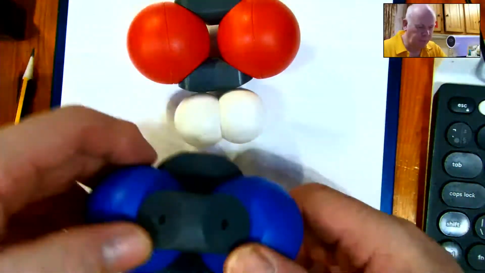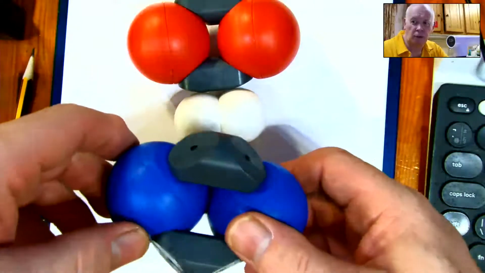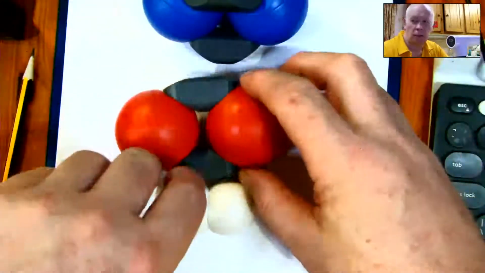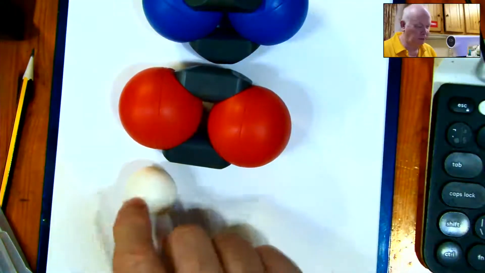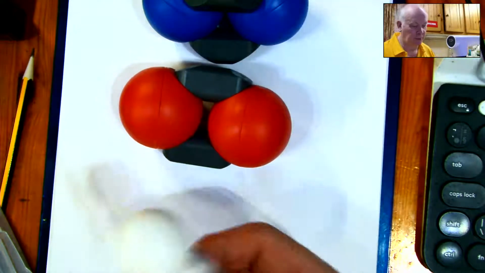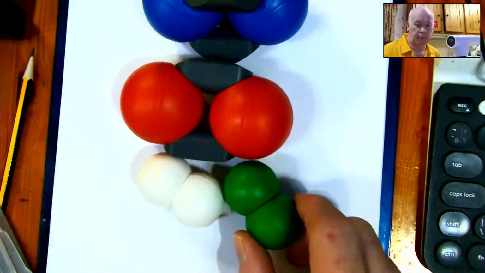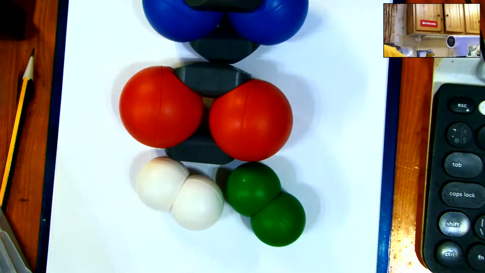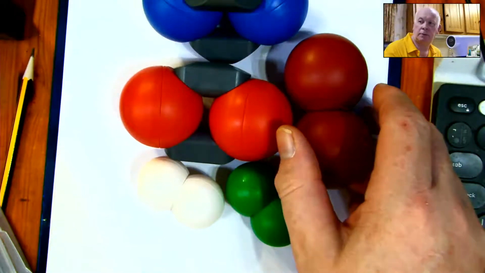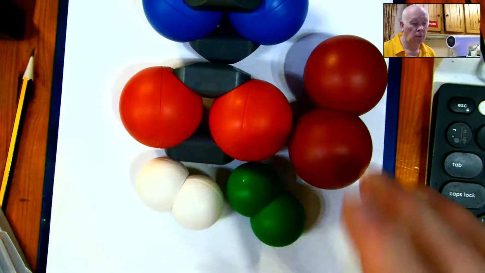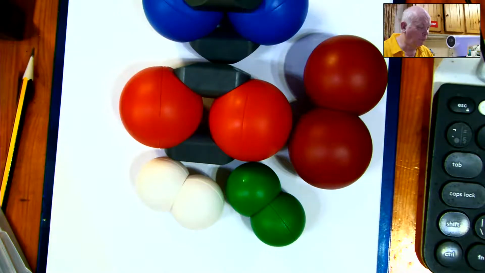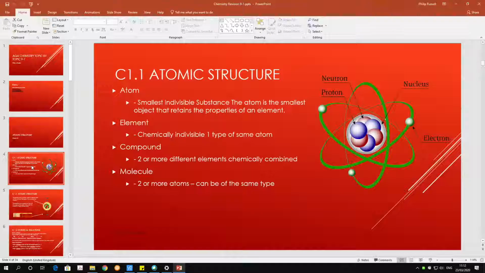And there we've got the triple bond of nitrogen, the double bond of oxygen, and a single bond here of something like hydrogen, or maybe chlorine, or if I felt like it, maybe something like bromine. So these are all different molecules, two atoms of the same. Right, let's move back to the slide and go on.